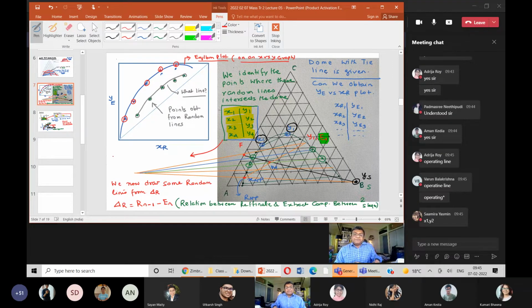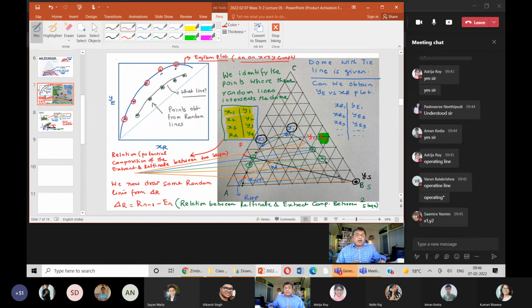So these are the relation or possible composition of the extract and raffinate between two stages. Is that clear to all?